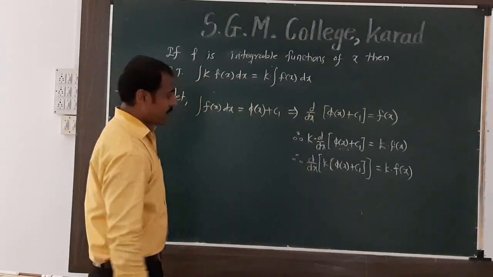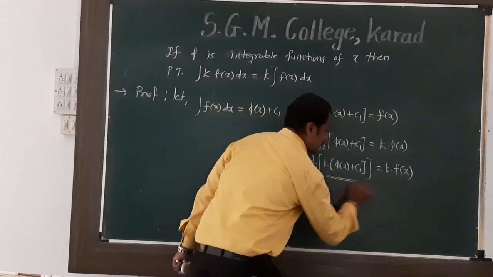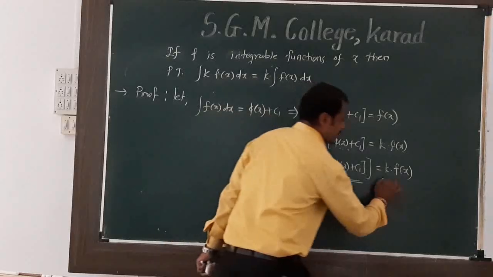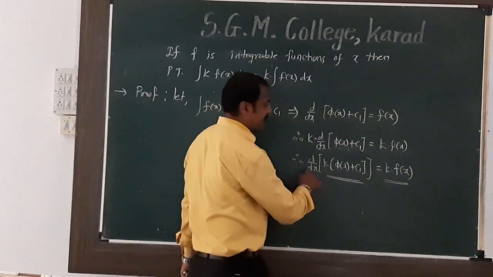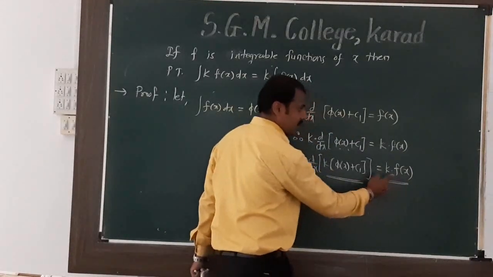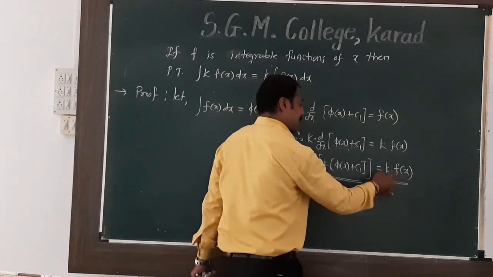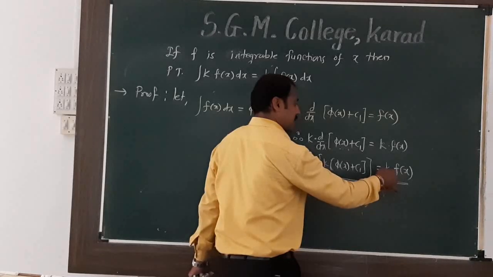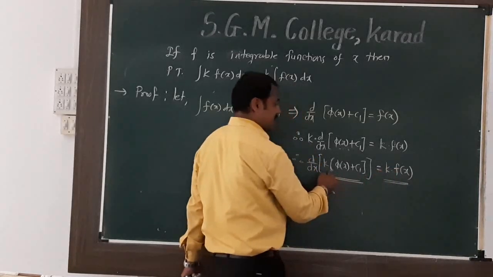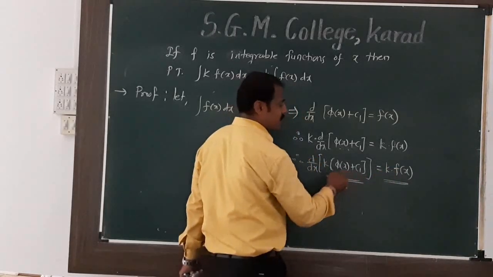Okay, look at it. Consider this term as F of x and this term as g of x. Here the derivative of F of x is g of x. If the derivative of F of x is g of x, then integration of g of x, integration of that term, is k into phi of x plus c1.